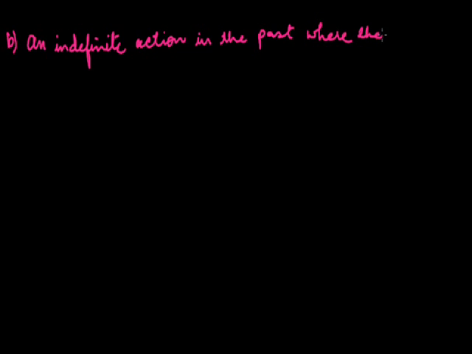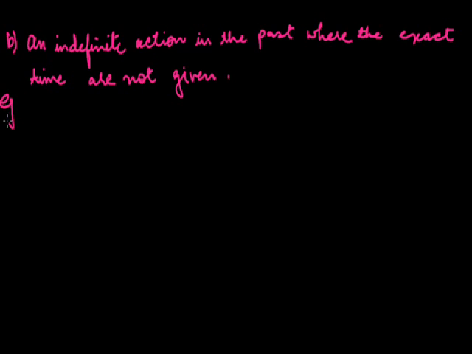When we have an indefinite action in the past where the exact time and other details are not given, means we don't know the time and details of the action.